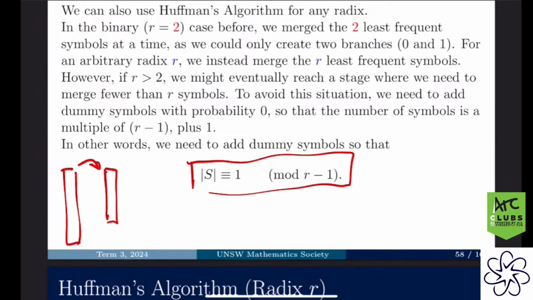And how many fewer? Well, we take R symbols and combine them into one symbol, so we're going to lose R minus 1 symbols at every step. If we have to end with a 1 at the very end, then we had better hope that we have 1 more than a multiple of R minus 1 symbols. Right?